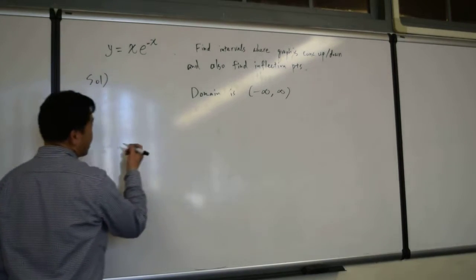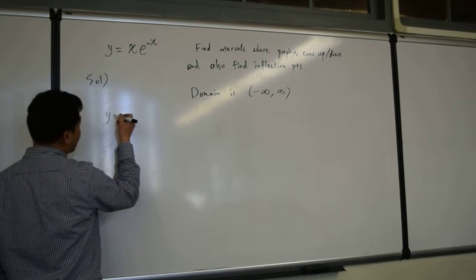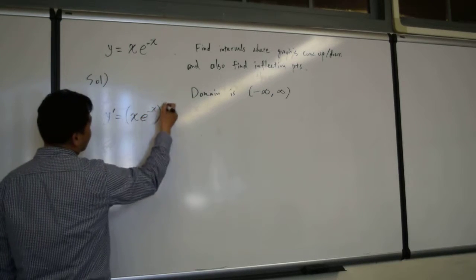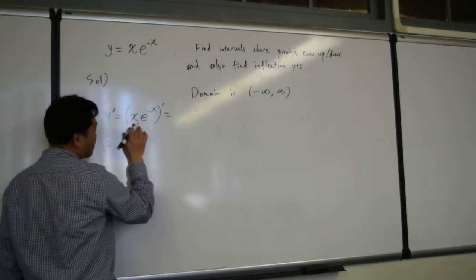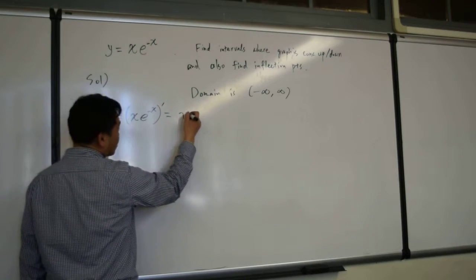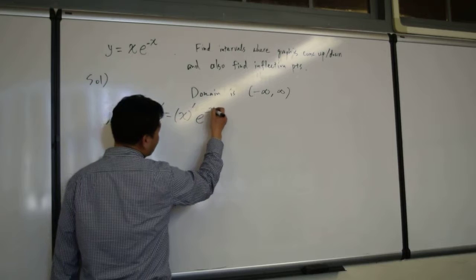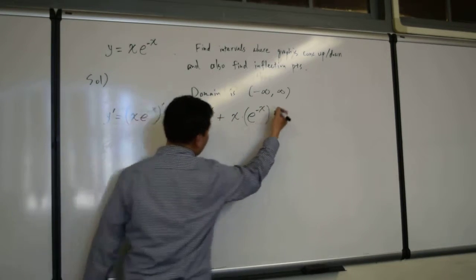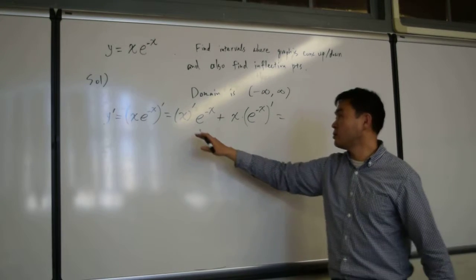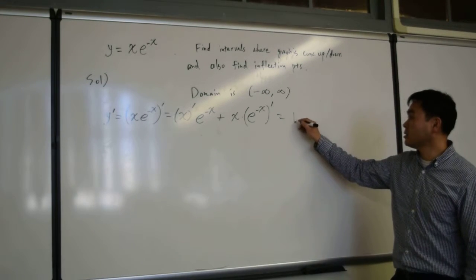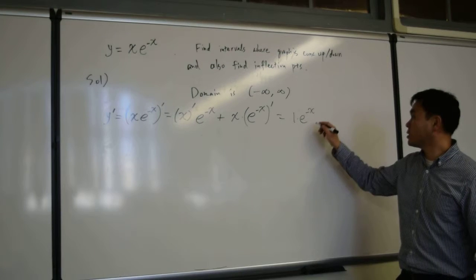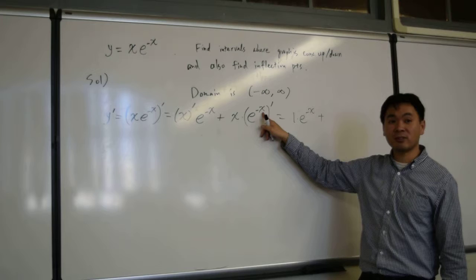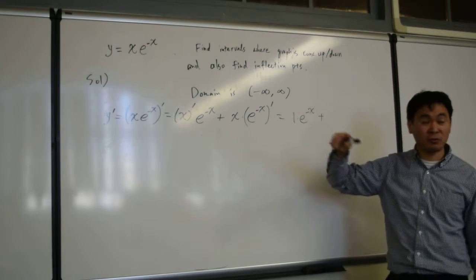Since we're talking about the concavity, let's find the derivative. The first derivative: you have to use the product rule and then the chain rule. So x prime times e to the negative x plus x times the derivative of e to the negative x. If you differentiate x, you get 1. And e to the negative x is a nested function inside the exponential function.